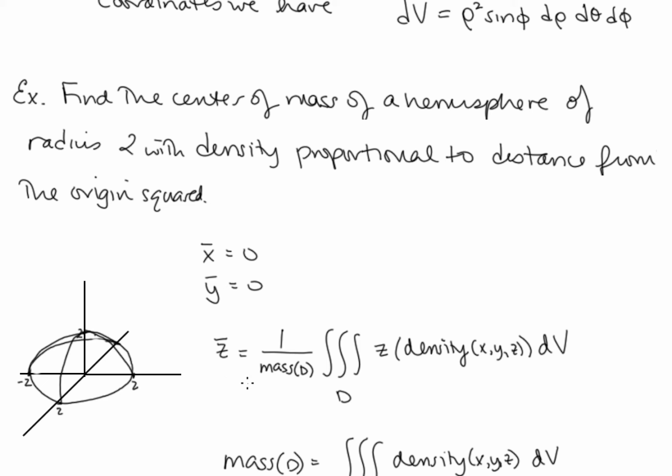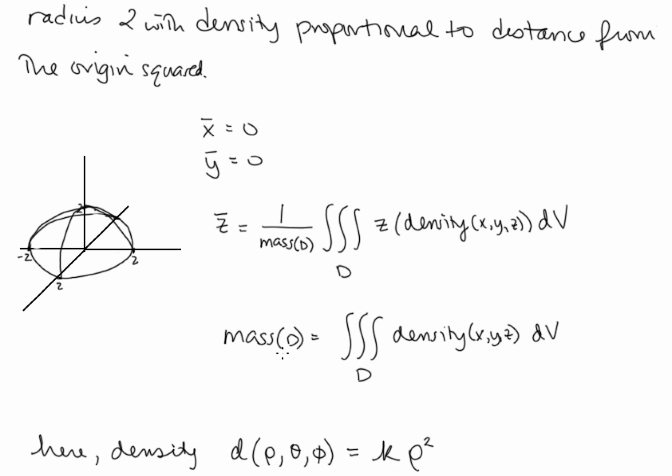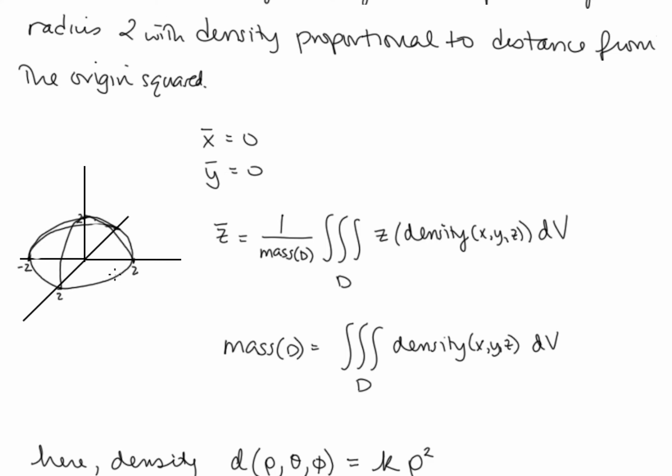Well, we know the formula is 1 over mass of D multiplied by the triple integral over the domain D of z times the density function. And the mass computation is that triple integral over D of just the density function. Now, because our domain is a hemisphere, it's going to be easiest to describe this domain in spherical coordinates. So let's think about this entire computation in spherical coordinates.